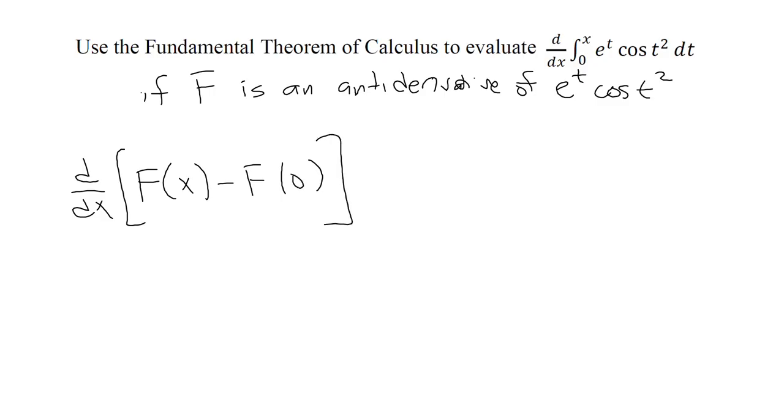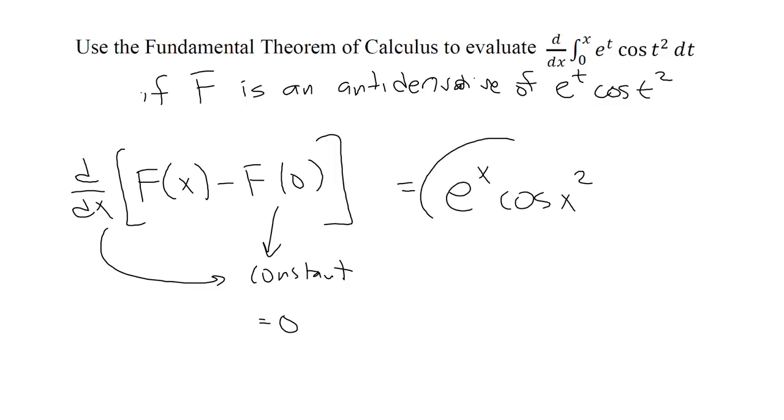Again, capital F of 0 is just a constant, so its derivative is 0. And the derivative of capital F at x is just the original function evaluated at x, e to the x times the cosine of x squared.